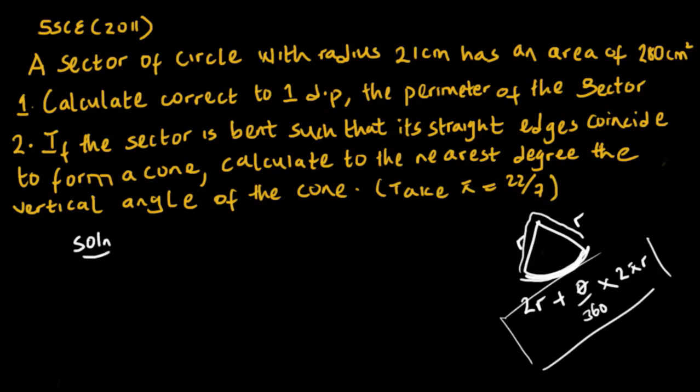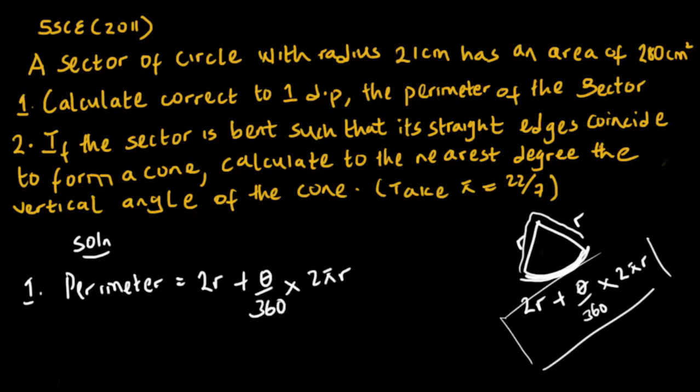Now let's solve number one. So we have solution 1, perimeter equals 2r plus theta over 360 times 2 pi r. Now we need to note what we were given in the question. We have a sector of circle with radius 21 centimeter, so radius equals 21 centimeter.